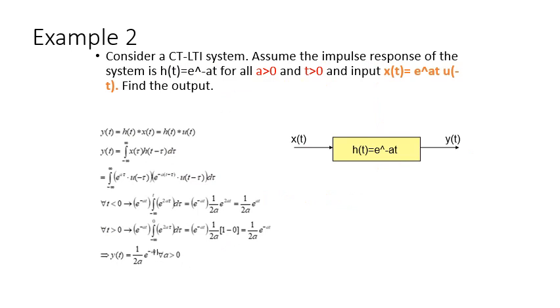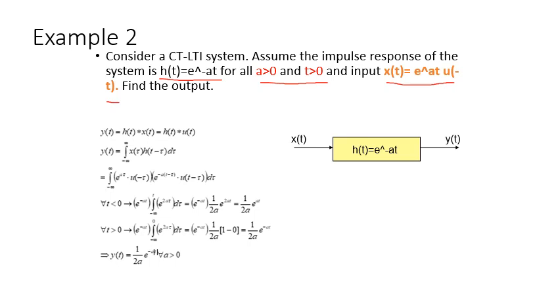Here we have another example. In this, the impulse response is given to us. It is similar to the previous question, and the input is different here. The input is e raised to the power at u of minus t.